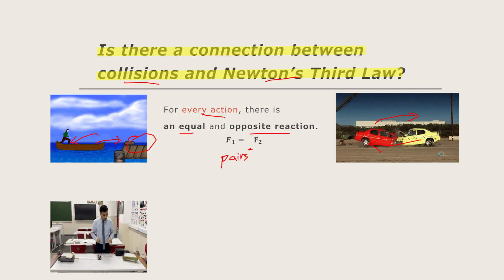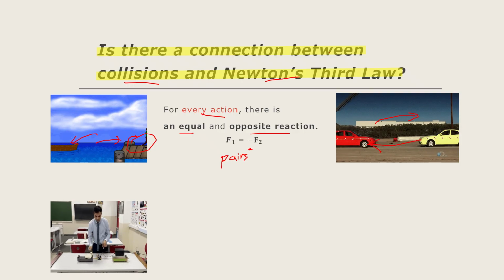But now let's see this. Here you see two different trolleys. The first trolley is black with an extra mass on it, and the other trolley is without any extra mass. So this one is lighter and this one is heavier.